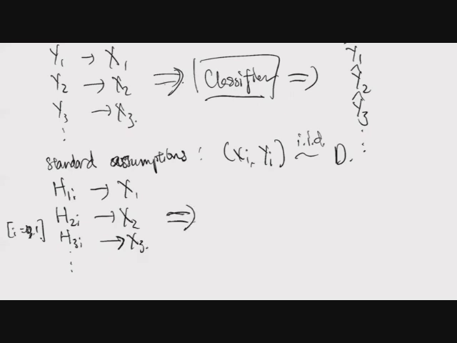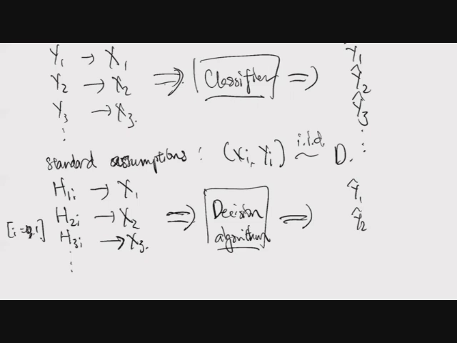We plug this into some decision-making algorithm, and then it's going to spit out decisions. Aside from the reject, let's also call these y-hats, and so on and so forth.